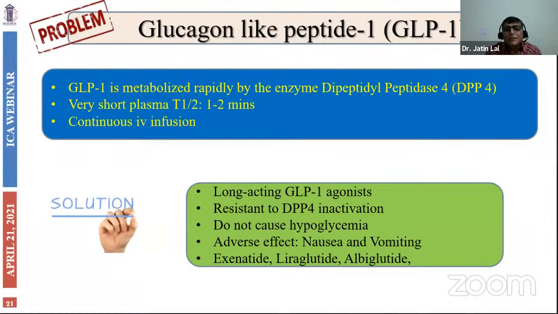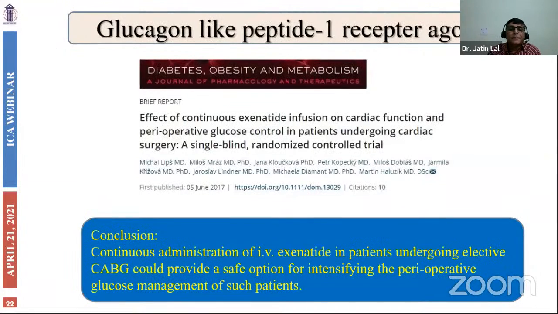This is the main problem with GLP-1. So it has a very short plasma half-life, 1 to 2 minutes, and has to be given by continuous IV infusion. So the solution is to give long-acting GLP agonists which are resistant to DPP-4 inactivation and do not cause hypoglycemia. The adverse effect is nausea and vomiting. The agents are exenatide, liraglutide, and albiglutide.